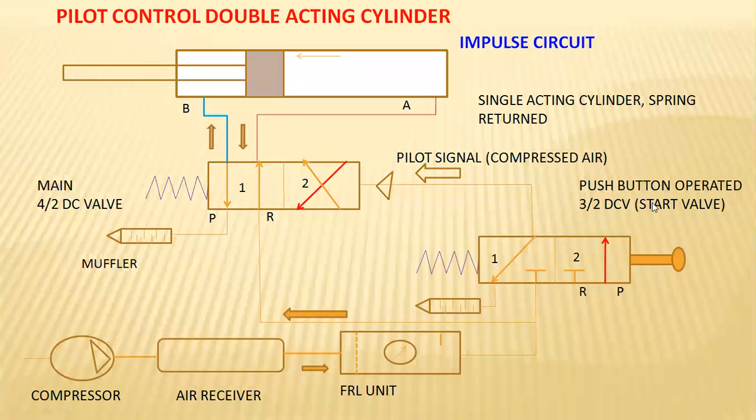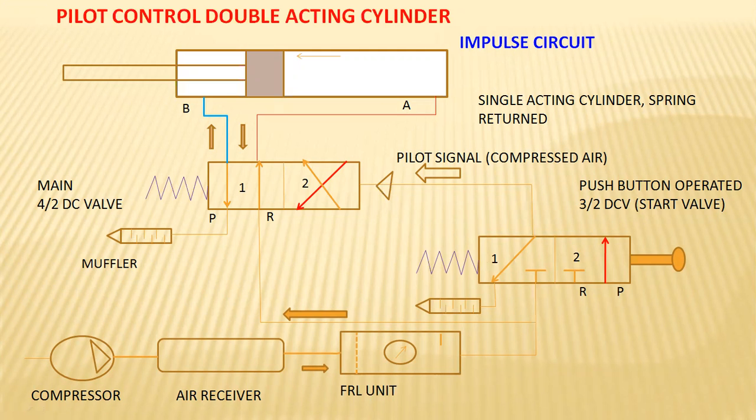When this push button or start valve is switched on, the second position will come into force. That second position will allow the compressed air from this FRL unit to the connectivity in this direction, and that connectivity will cause the pilot operated DCV to switch to the second position.